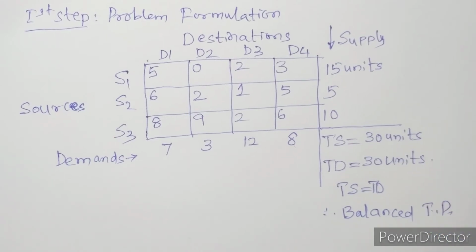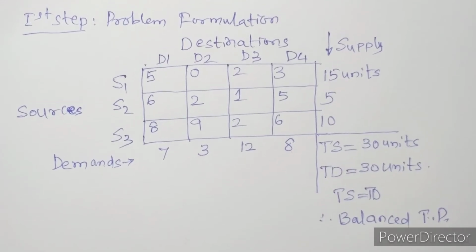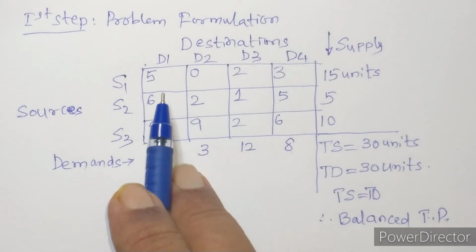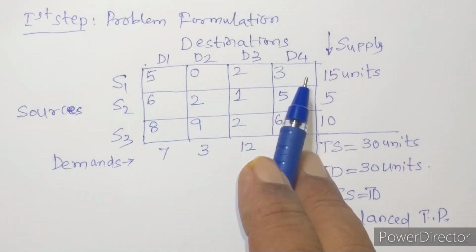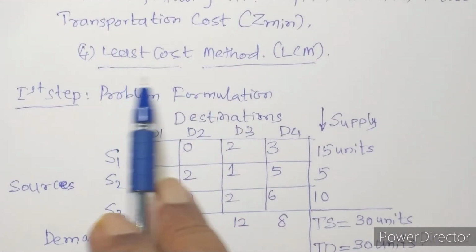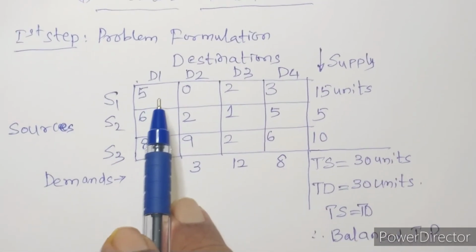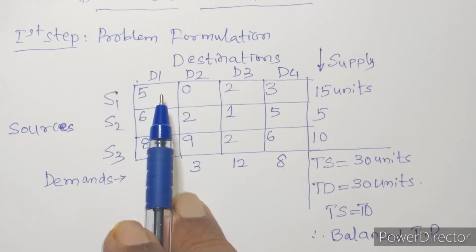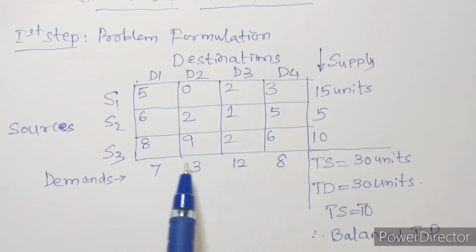Now, after checking the balance of the problem, we should start the allocation of the units produced to these destinations. In the least cost method, in the entire matrix, we search for the lowest cost.